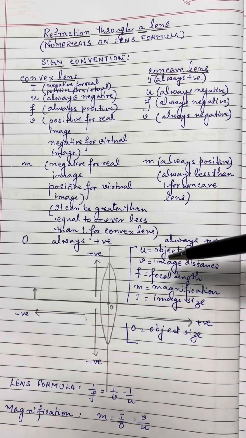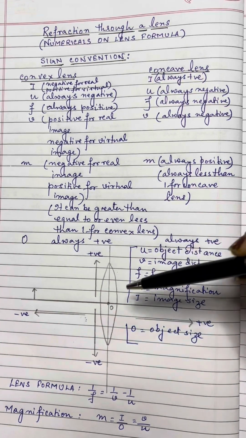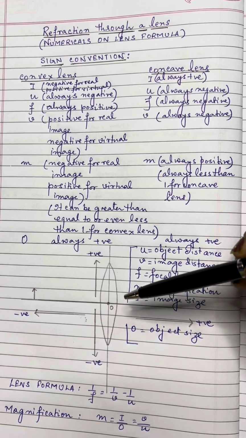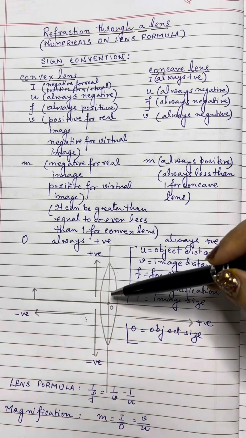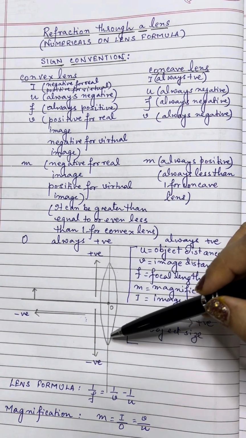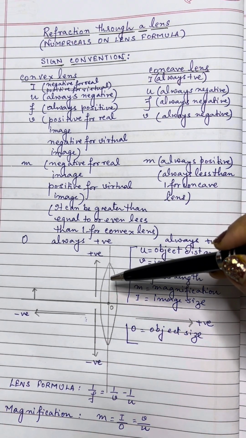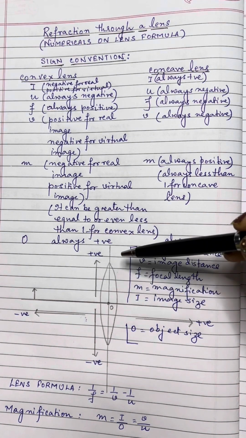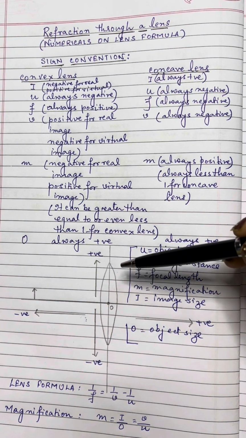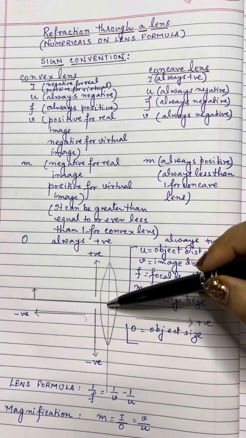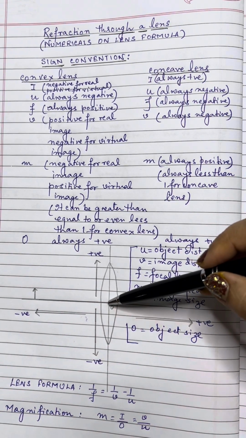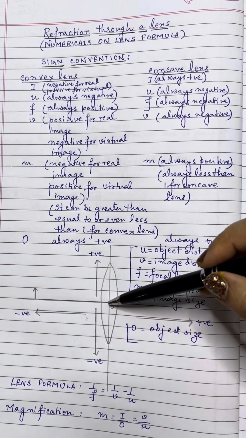Now, let us see how we understand the sign convention of lenses. If this is the lens, we have shown here the convex lens. However, the sign convention does not change for the concave lens also. The optical center of the lens is taken as the origin.